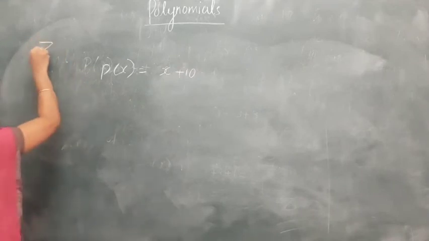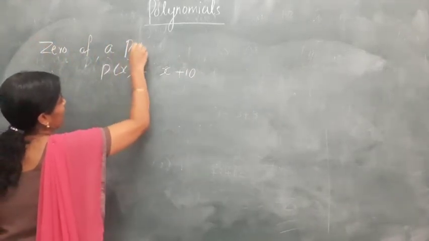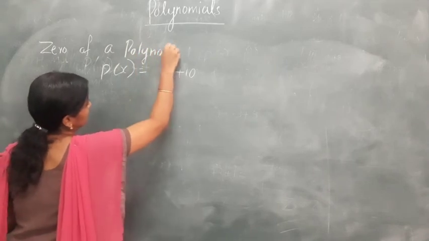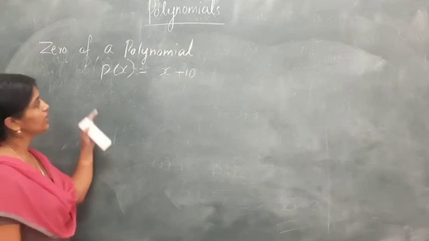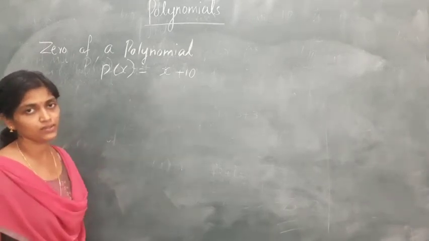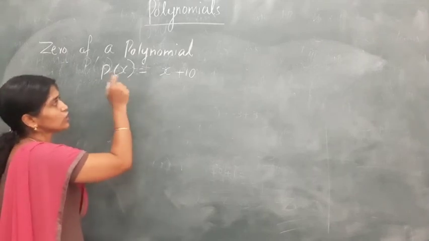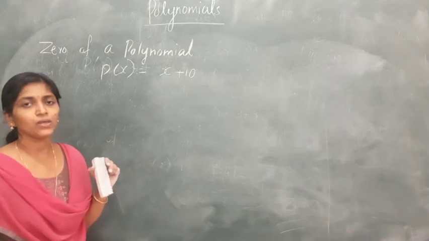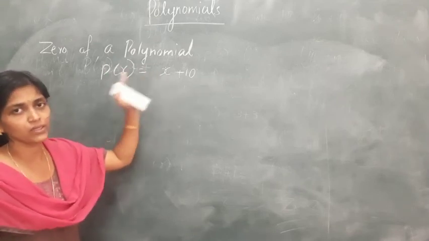So we are studying the zero of a polynomial. We can see that when we give different values for this variable, you are getting different values for the polynomial.